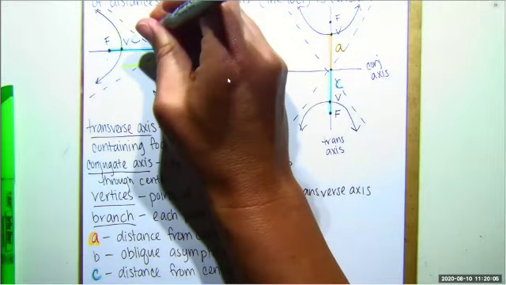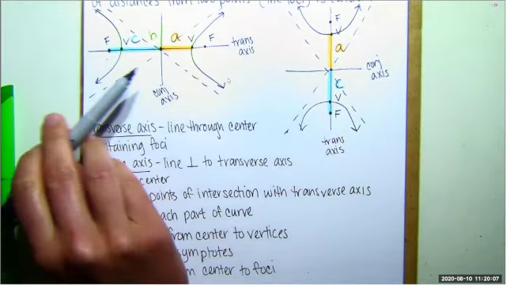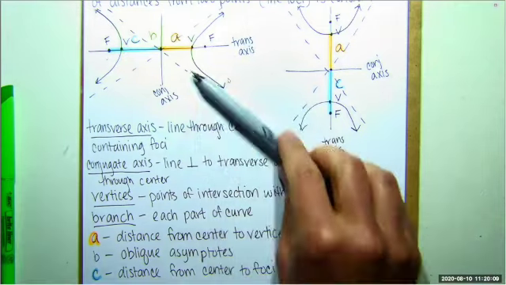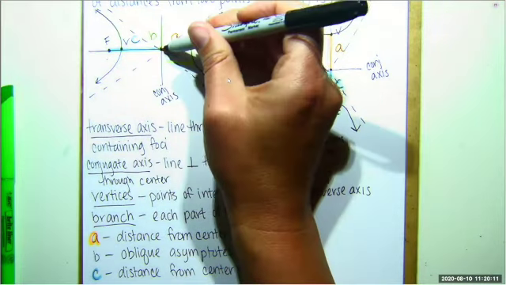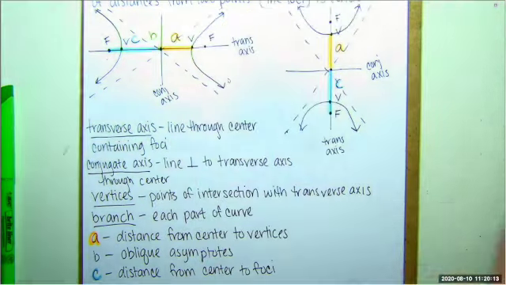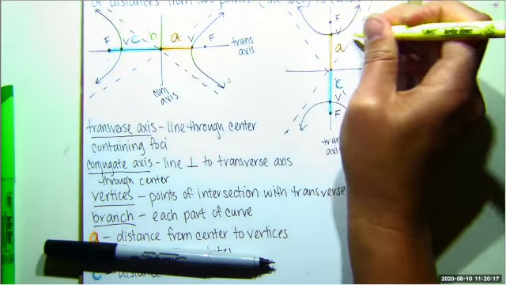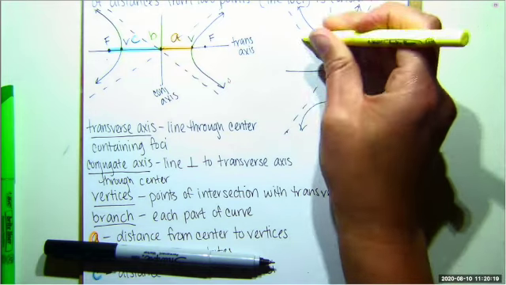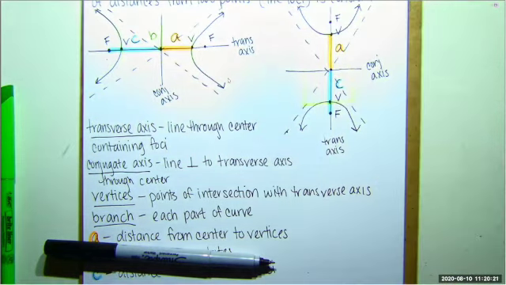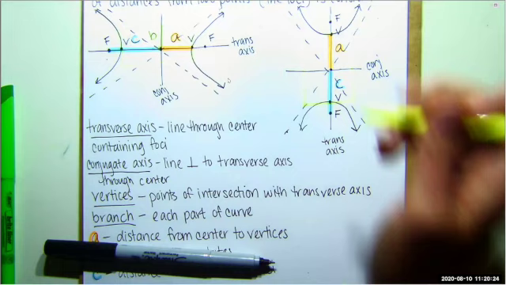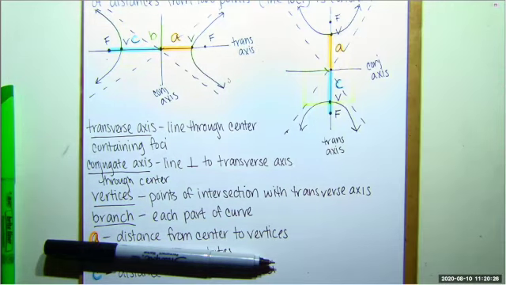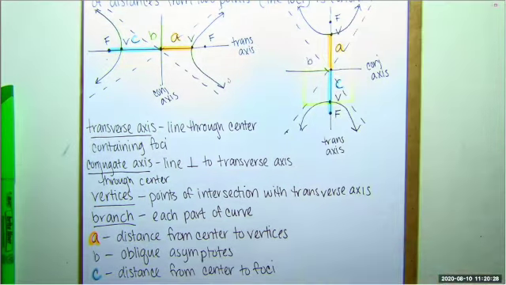So our oblique asymptotes are going to go through a rectangle here that has a width from the center out to the side of A and a height of B. So if we did the same thing here, we drew a rectangle in here, our oblique asymptotes would go right through the corners of this rectangle, and this distance would be B. That yellow doesn't show up very well at all.